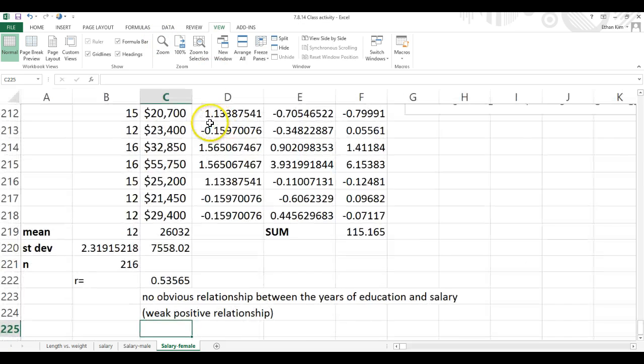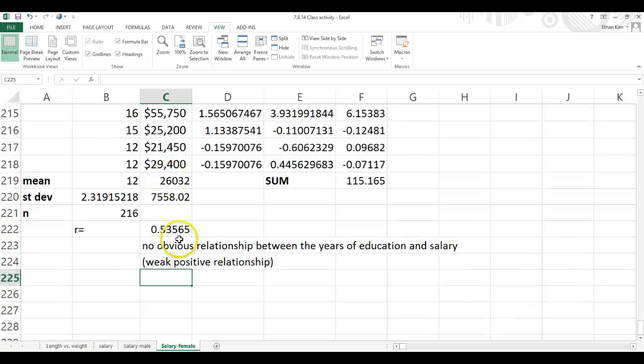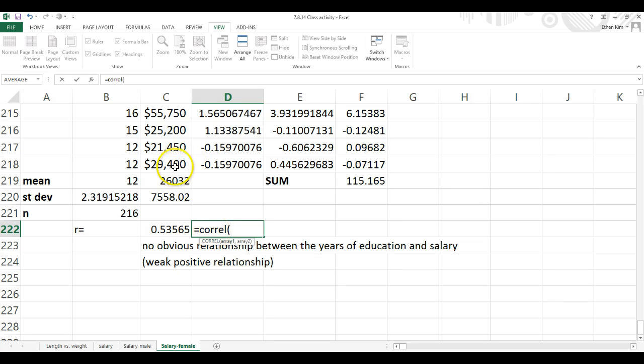And if you do the same for the salary of female, you get a similar result. I did exactly the same, but here we get R equals 0.5356. Or let me just make sure this is the right answer by using the correlation function.